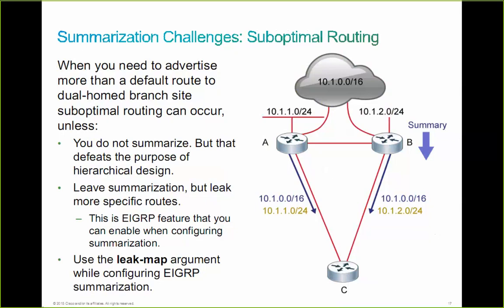So we're leaking more specific routes through the summary. We still get to summarize all the core networks, 10.1.0.0/16, on the hub routers, but we leak the more specific routes through the summary so that we can essentially identify a better path for those more specific routes.